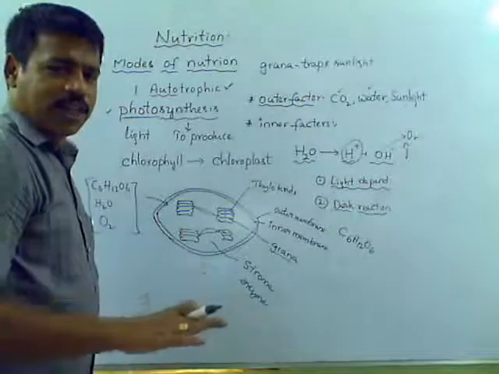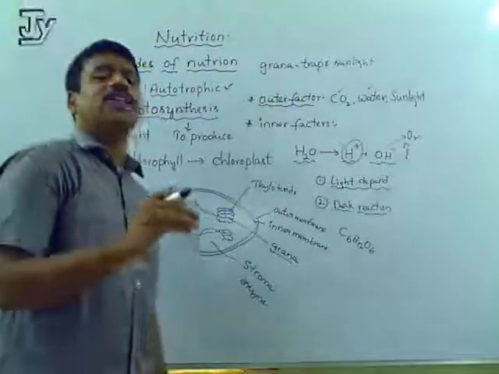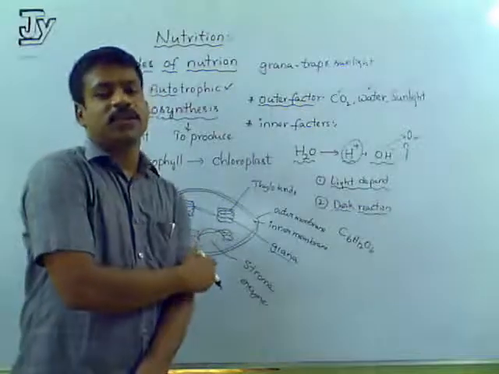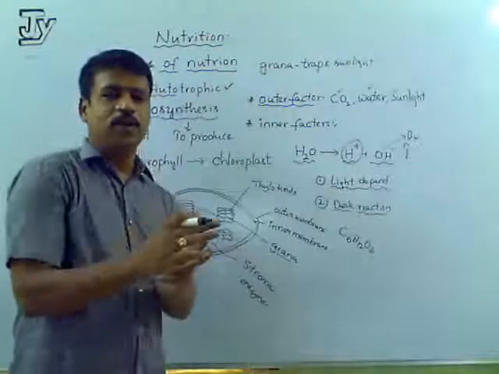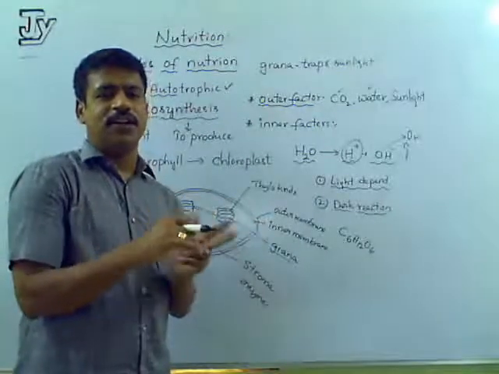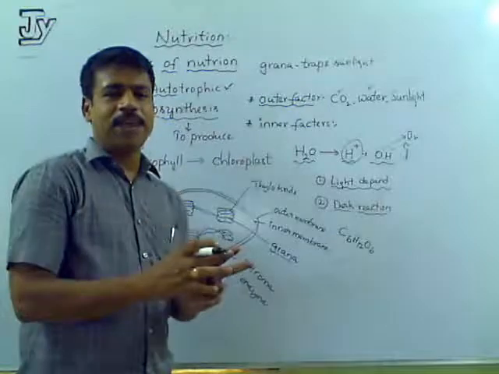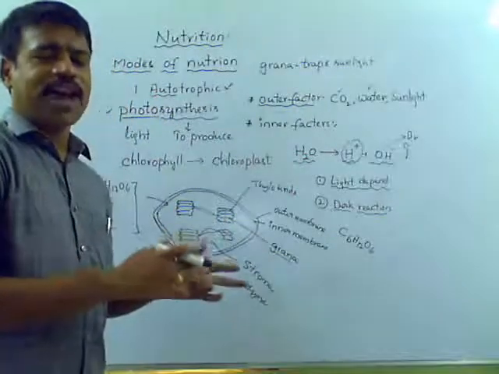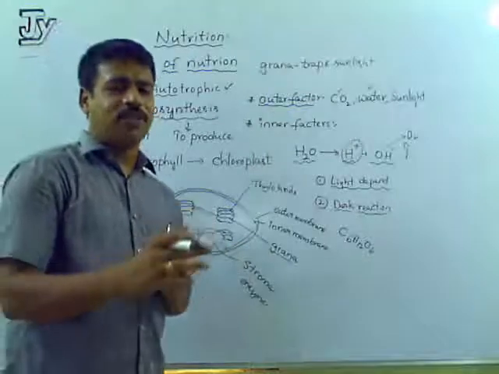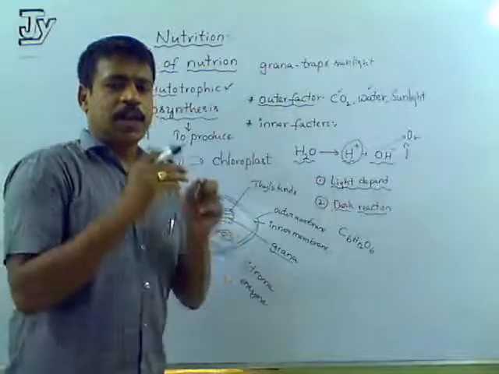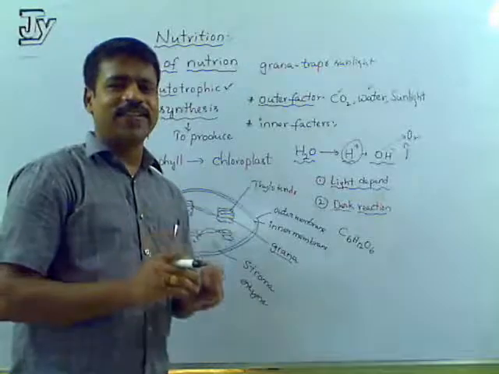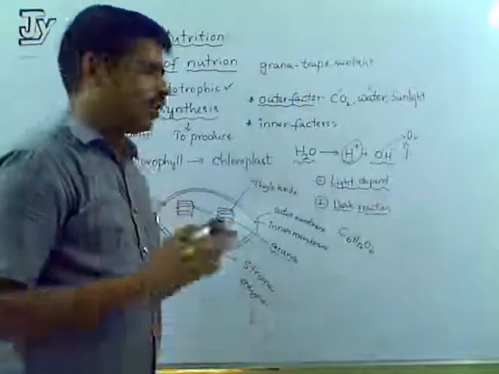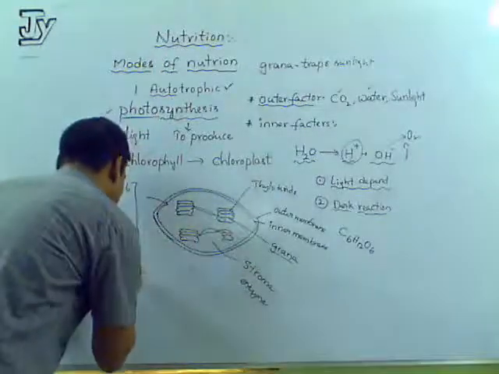So in this way, a green plant can produce starch. That means the glucose is utilized by the green plant. The prepared starch is transferred through a special tissue seen in green plants, that is nothing but phloem.